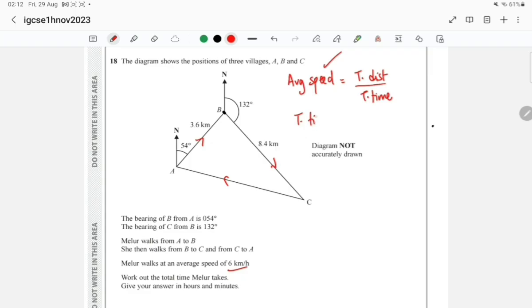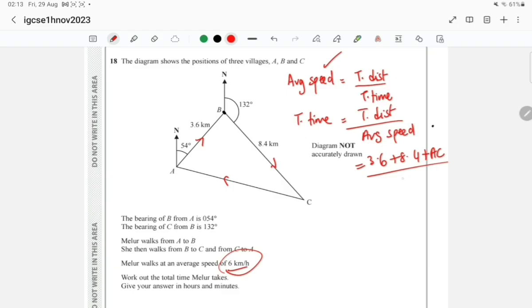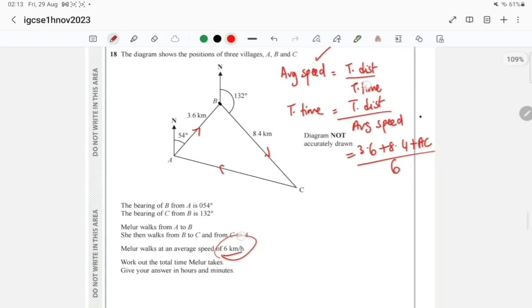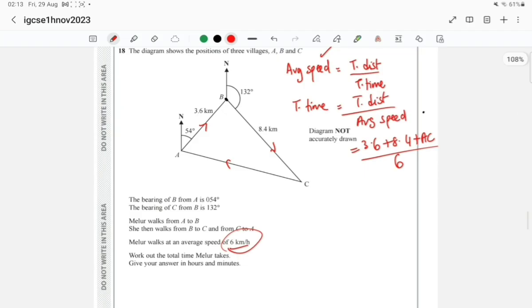So I will need to find the total time, which would be total distance divided by the average speed. Now total distance would be 3.6 plus 8.4 plus AC, which I don't know yet, divided by the average speed, which is in kilometers per hour, so 6 kilometers per hour. Now let's try to find our AC, so we can replace it here to find our answer, right?